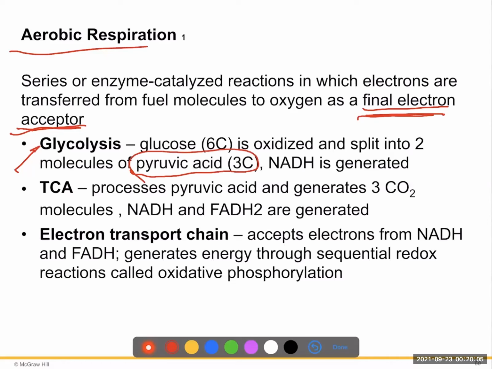And during that time, NADH is generated from the electrons. Okay, the Krebs cycle takes that pyruvic acid and generates 3 CO2s, NADH, and FADH2. Now the NADH and the FADH2 are put into the electron transport chain. Those accept the electrons and generate energy through a reduction oxidation reaction called oxidative phosphorylation.